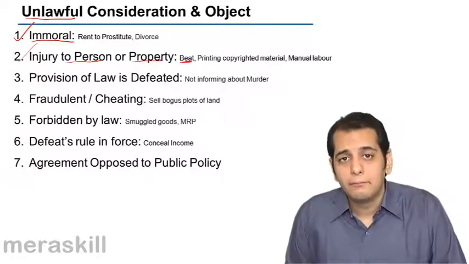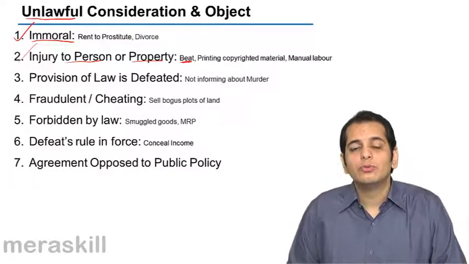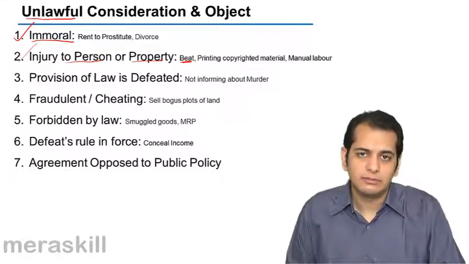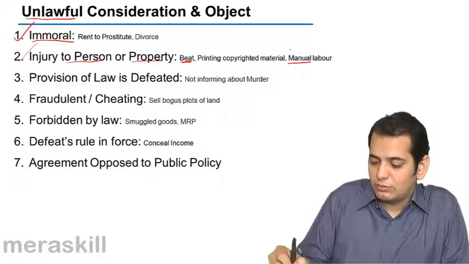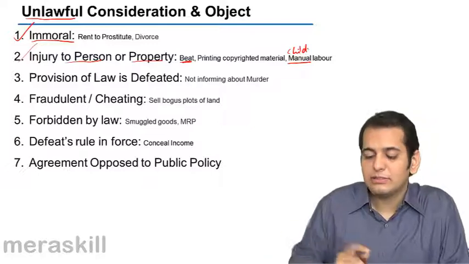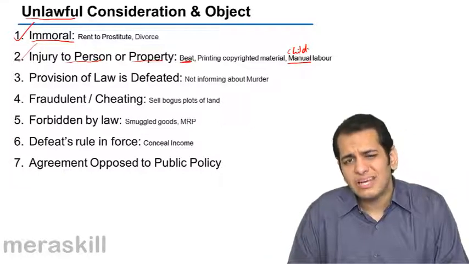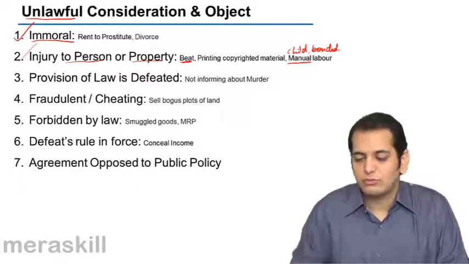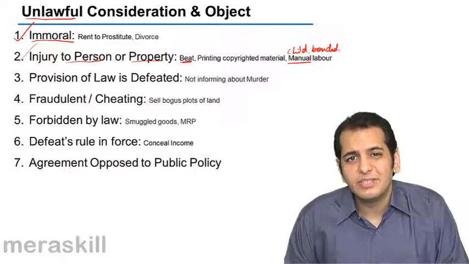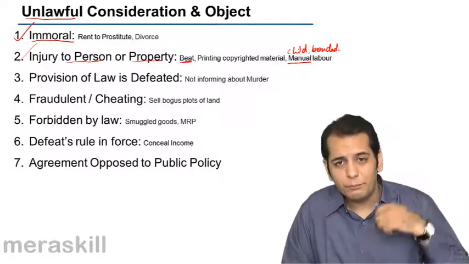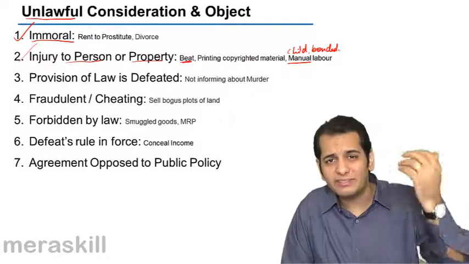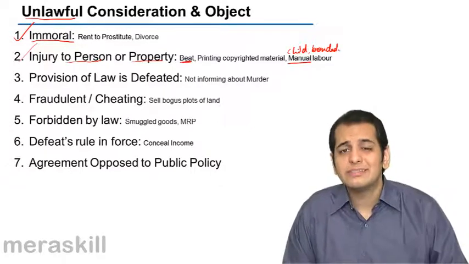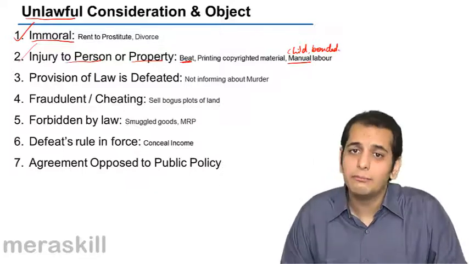Again, getting somebody to do labor, by somebody I mean a child. So by this we mean child labor. Child labor or bonded labor is also a type of injuring some person. So when you beat a person, when you kill a person, or when you enslave a person, or when you get a child to work for you, this can be called injuring a person.